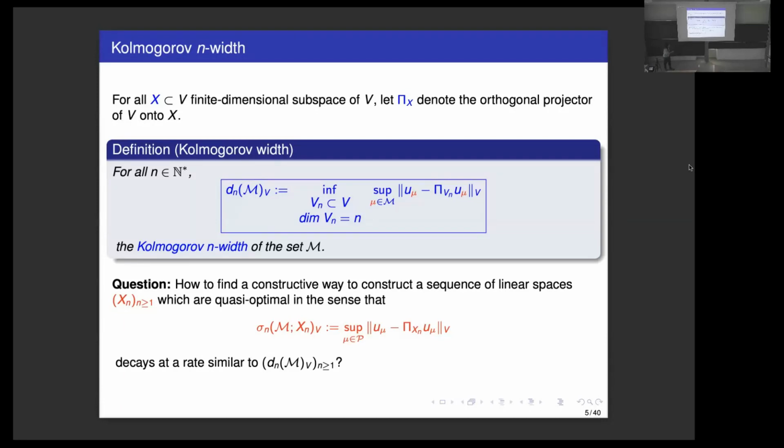So more precisely, for a given subspace Xn, if you define this quantity sigma n to be the supremum over all the parameter values in P of the error between u mu and its orthogonal projection on Xn, can this quantity be comparable in terms of decay with the dimension n to the Kolmogorov n-width of the solution set?